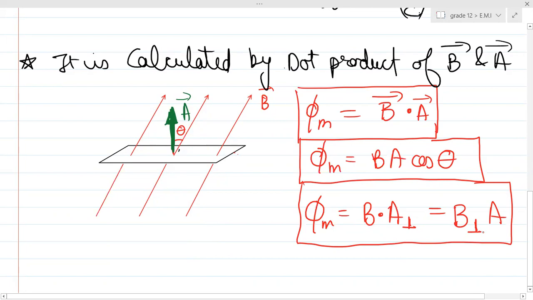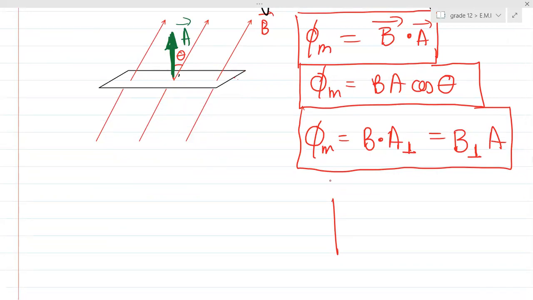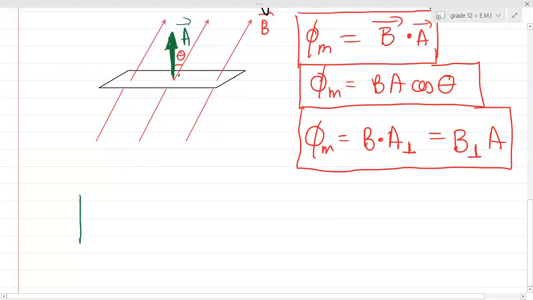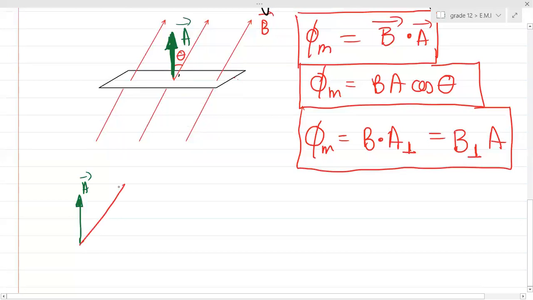Shall I prove this now? Suppose this was your area vector, and this was your magnetic field vector at an angle theta. Then you can do two things.